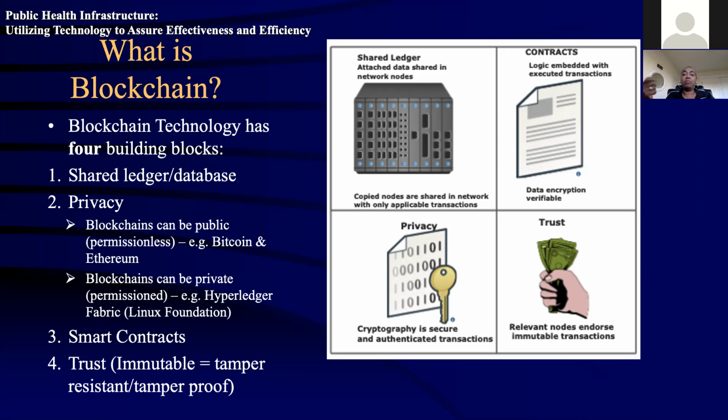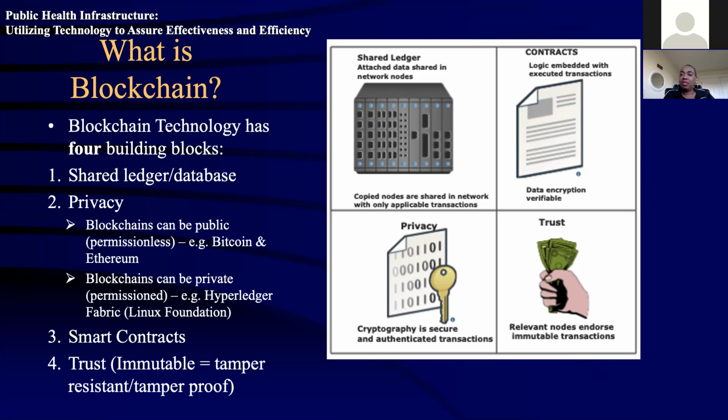You don't have to have permission to access it. From a private standpoint, an example like Hyperledger Fabric is a private blockchain where you have to have permission to access it. So from a healthcare standpoint, we would require and need a permissioned blockchain infrastructure, okay?